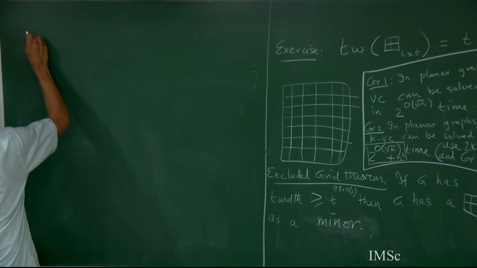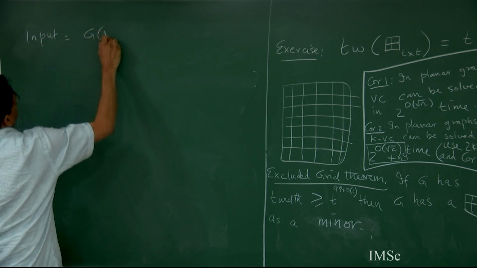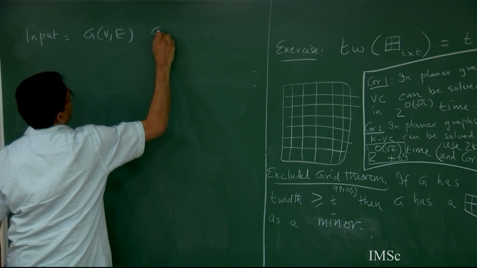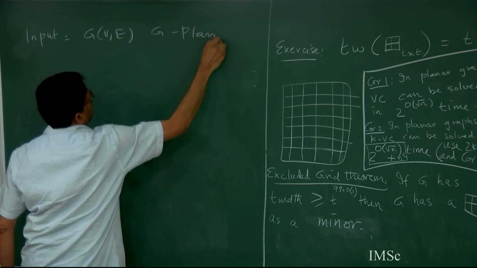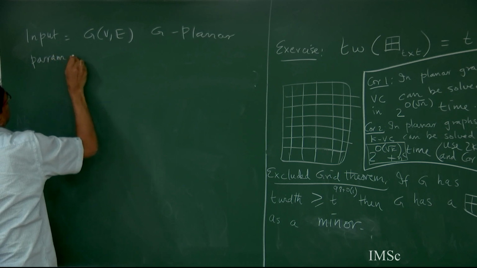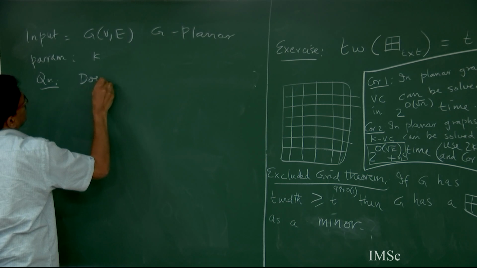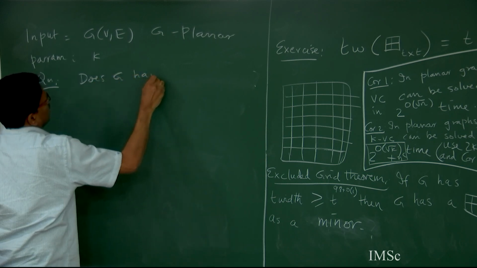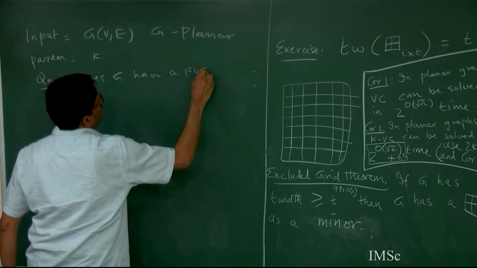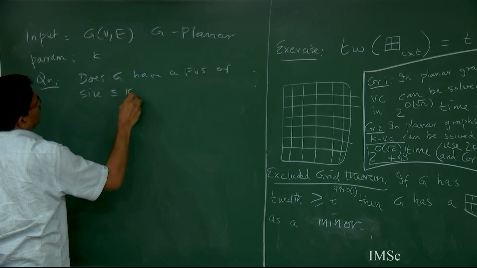So input. So I'm given G, but G is planar, and I have a parameter which is k. The question is, does G have a feedback vertex set of size at most k?